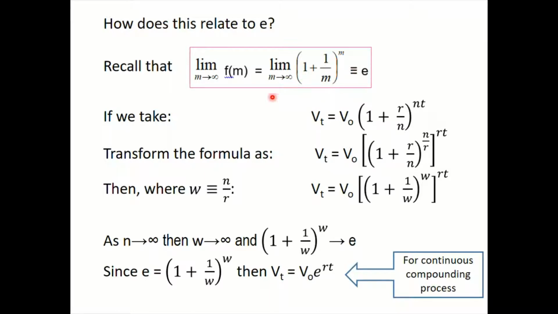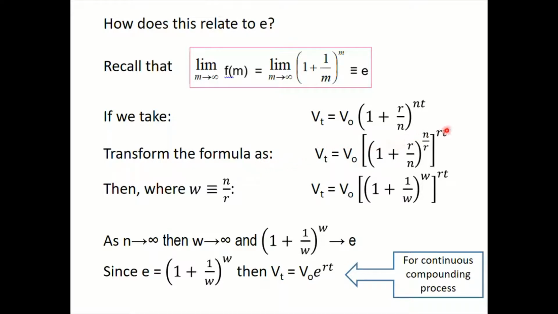Okay, so if we take the formula we saw on the previous slide, which enables us to calculate the value of our investment, where we have compounding n times a year and we are investing for t years, we then transform this formula as follows.